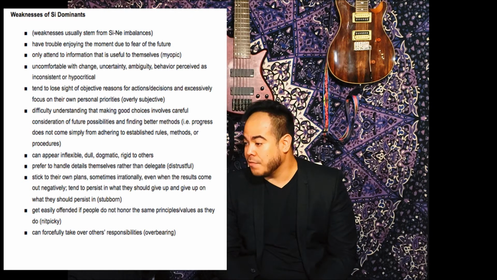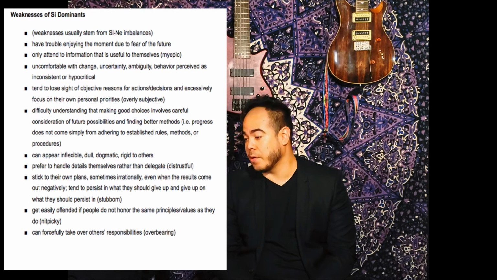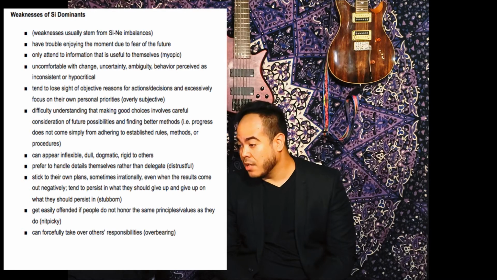Next point. Difficulty understanding that making good choices involves careful consideration of future possibilities and finding better methods, i.e. progress does not come simply from adhering to established rules, methods, or procedures. I'm going to read that again because that is a problem I have seen with a lot of Si doms.